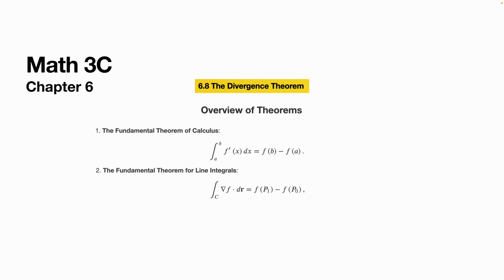The first generalization that we had of that was the fundamental theorem of line integrals. For FTOC, we need a function which is differentiable. For FTOLI, we need a vector field which is conservative. That means it has a potential function.